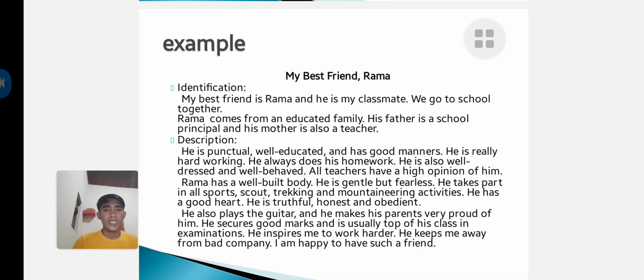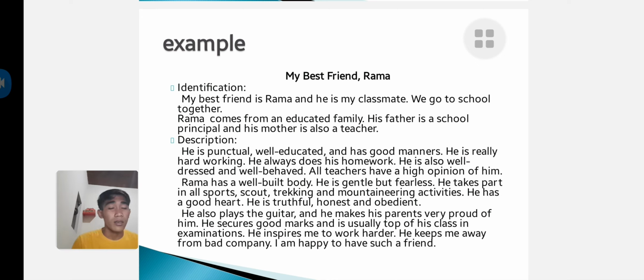So in this description, as I said before, it supports the identification. My best friend, yes, because he is punctual, well educated, and has a good manner. For example, that can support the first sentence in identification. And the next is Rama comes from an educated family.